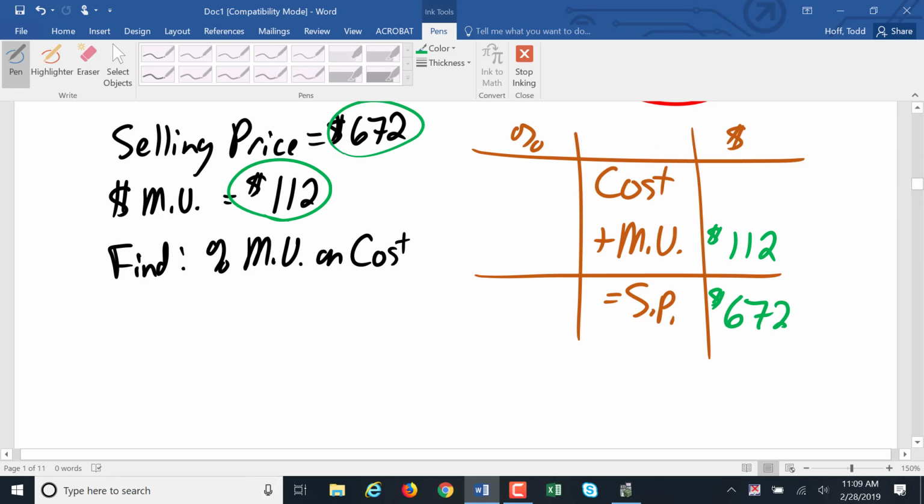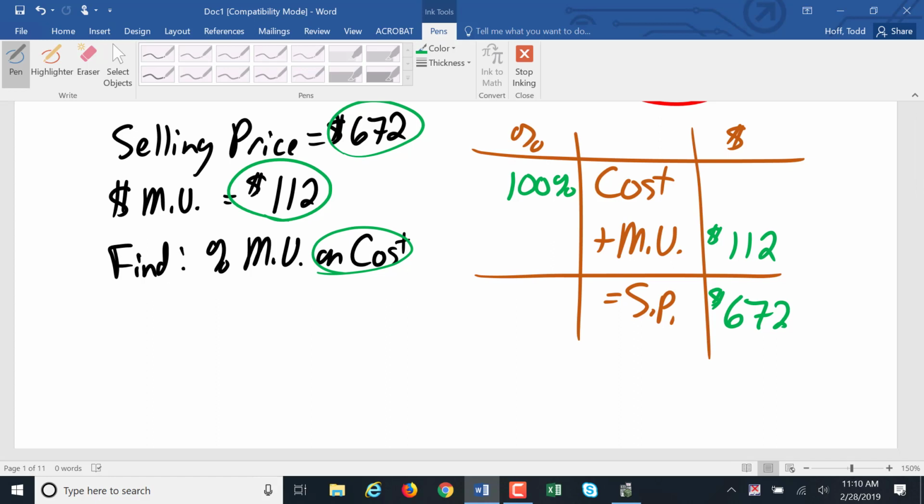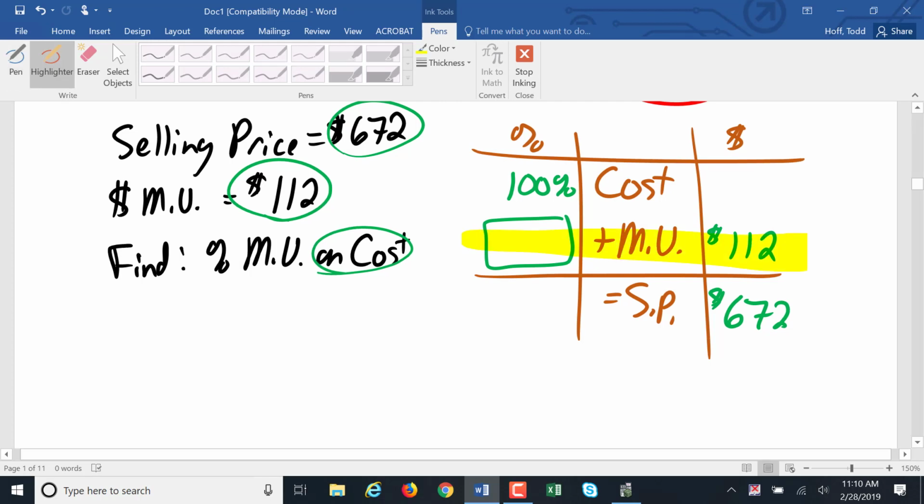Now, it looks like that's all the information we have, but we still have that we're looking for the percent markup on cost. Even though that's what we're looking for, the fact that it's based on cost still affirms that the 100% goes in the cost. Nothing else we can do on the percent side. In fact, what we're looking for is the percent of the markup. So that's the row that we need, is that percent markup.